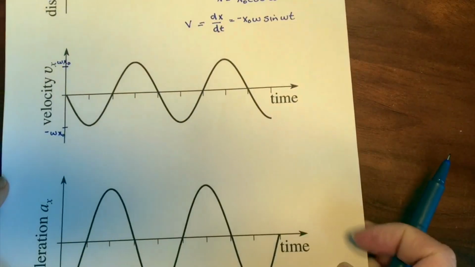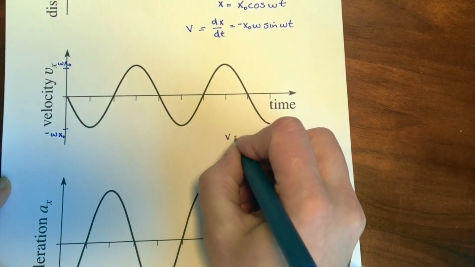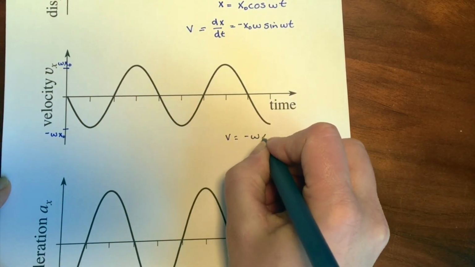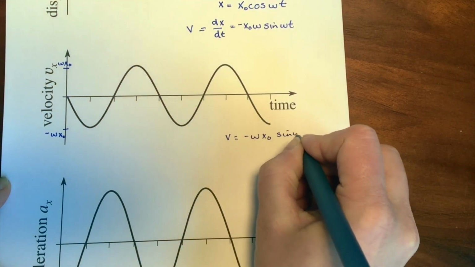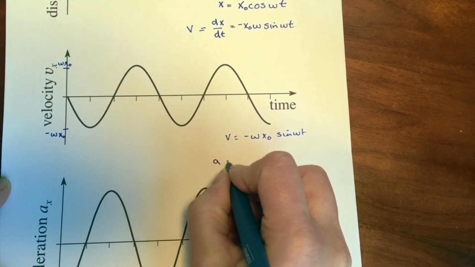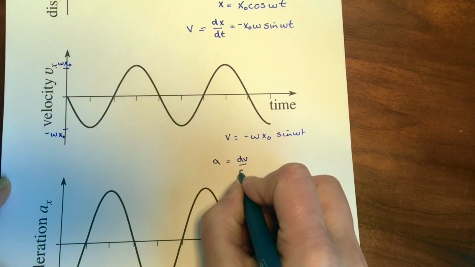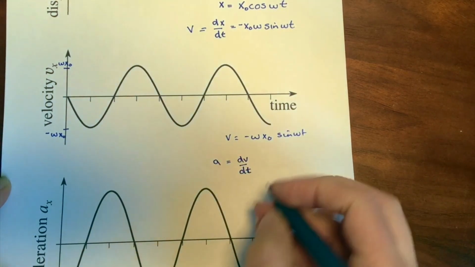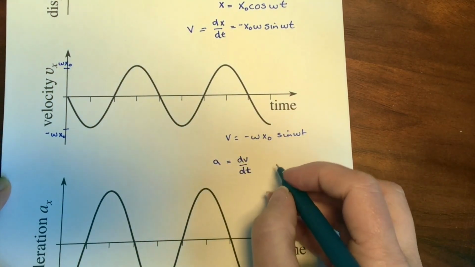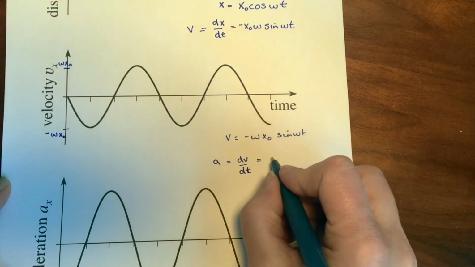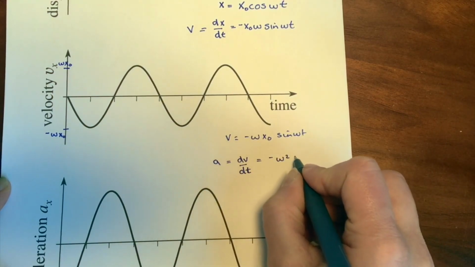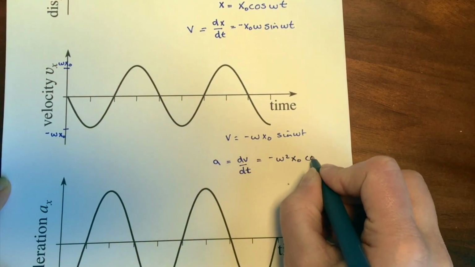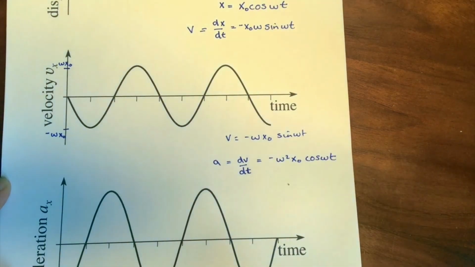Now that we have this formula for velocity, v equals minus omega x naught sine omega t, we know that the acceleration of an object is equal to the velocity of the object differentiated with respect to time. So let's do that. Let's do minus omega squared x naught cos omega t.